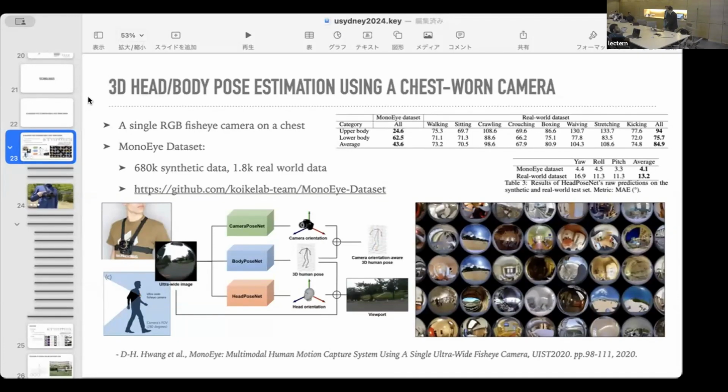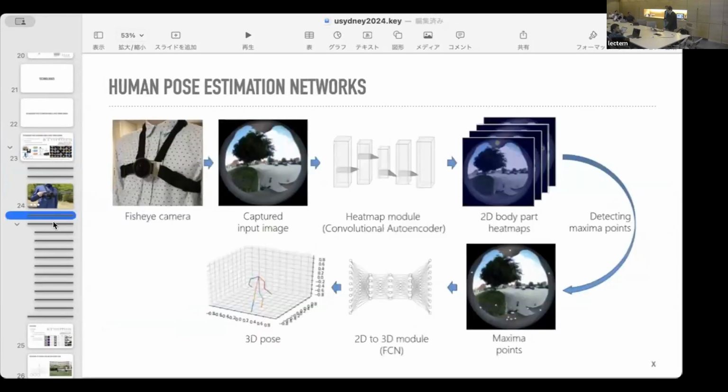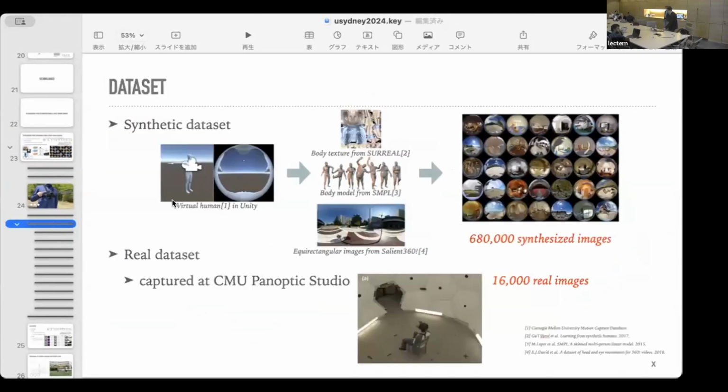Yes. So as I told you, we use virtual humans in the virtual world to make this kind of data set, and we try to vary the environment as much as we can.